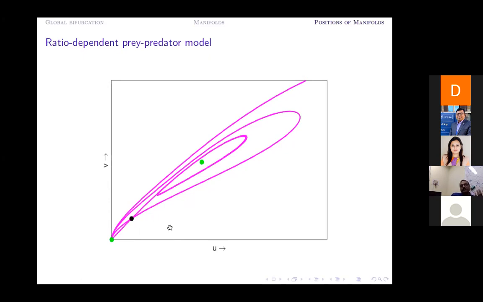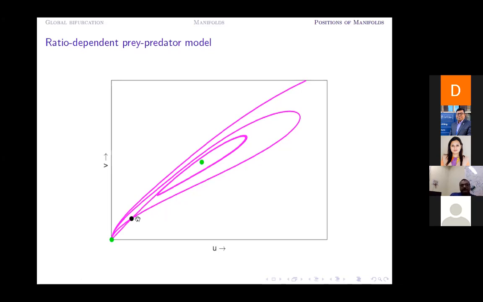In order to capture the homoclinic orbit for this problem, you can keep on calculating the manifold, either this one or this one.